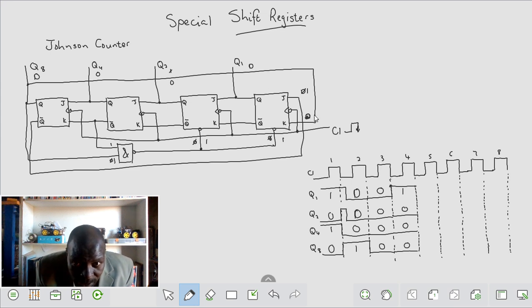Next pulse is, let me clean this up. Because it is not going to be clear with too many disturbing figures here. We want to have a clean one so we do not have any confusions. Alright, I hope that's not too slow. Alright, what then happens is this.